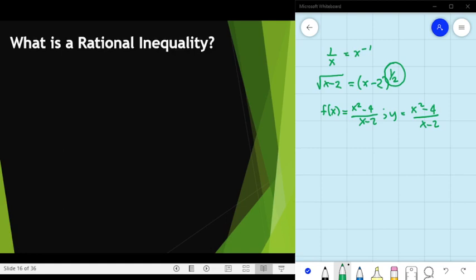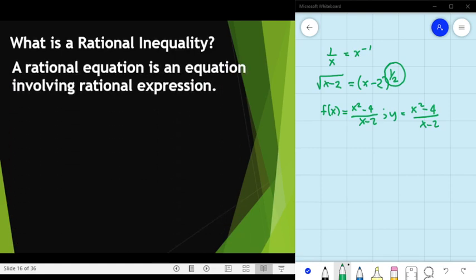Another is what we call a rational inequality, not an equation. A rational inequality is an inequality involving rational expressions.